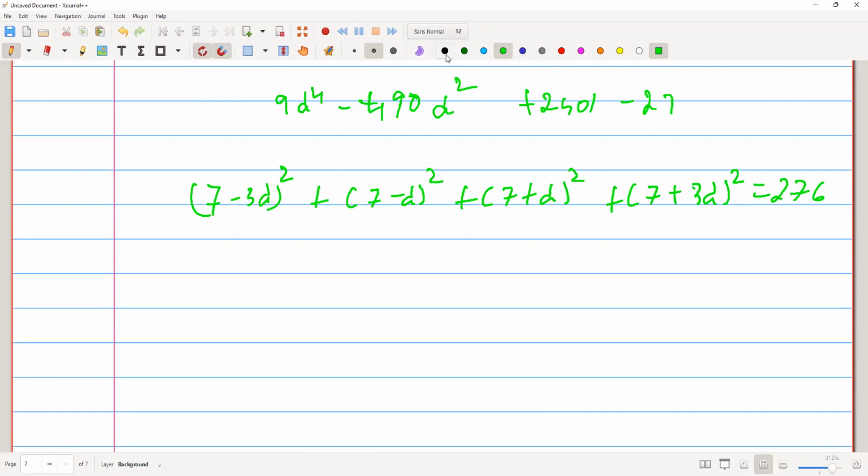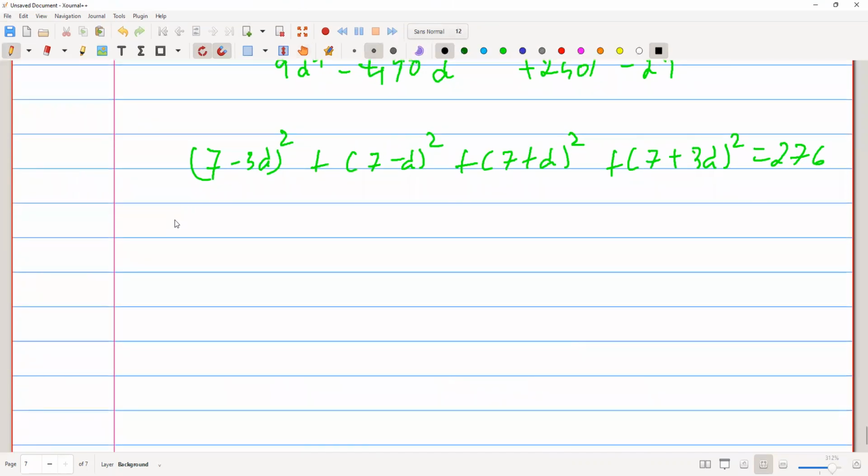Here a minus b whole square is 49 minus 2 into 21, 7 into 3 is 21, 21 into 2 is 42, 42d plus 9d square.